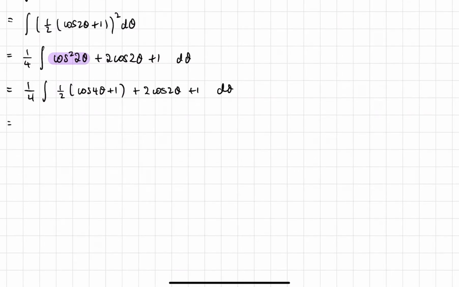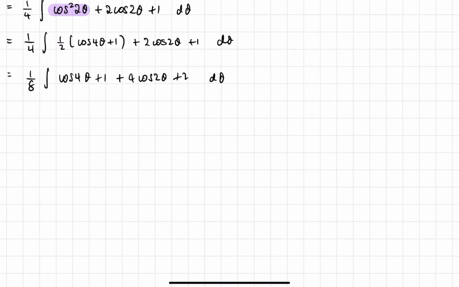And here, again, I don't really like working with fractions inside the integral, so I'm just going to pull the half out, which means here I should times by 2. So we have 1 over 8, the integral of cos 4 theta plus 4 cos 2 theta plus 3, d theta.